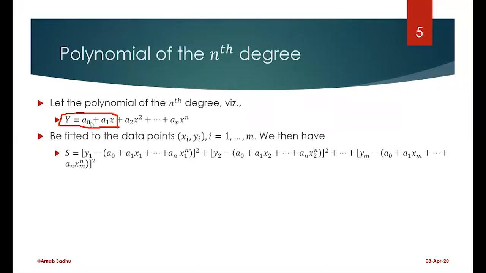Because a0 to an, these many coefficients we need to find out. In the earlier case we had to find out y is equal to a0 plus a1 into x.